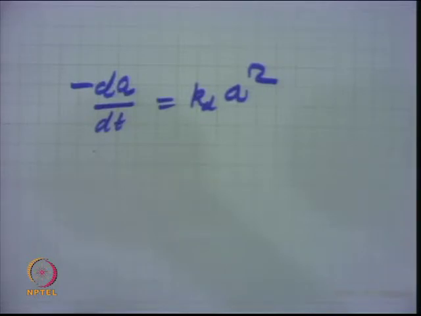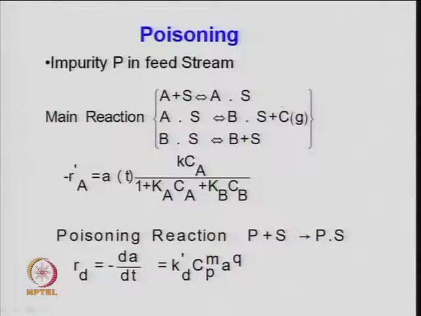Now, as I said, the deactivation mechanism may be of different types. It can be because of fouling, that is the deposition of coke. It can be because of the poison precursor, so the rate drops because of the concentration of poison precursor. Or it can be sintering, where the surface area of the catalyst may be affected because of recrystallization. So, the grain size increases, and because of that the active surface area of the catalyst decreases.